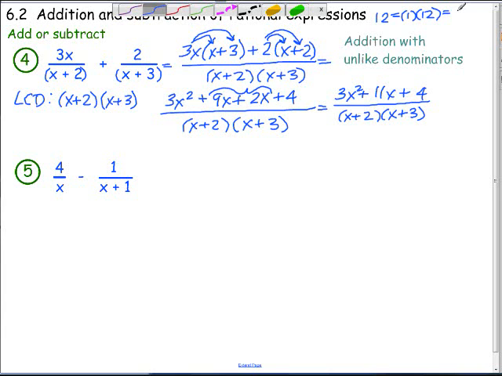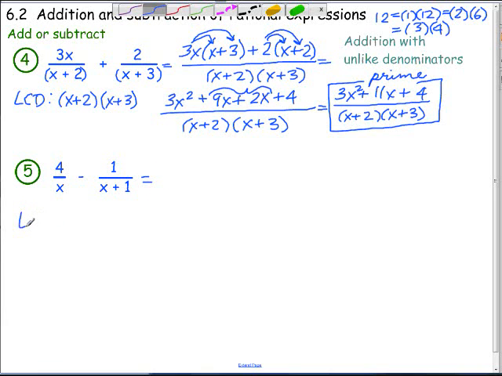I could have 2 times 6, which would give me 8. I could have 3 times 4, which would give me 7. And that's it. So what do I know about this? This is prime. It cannot be factored. That's the best we can do. There's no more simplification I can do with that one. Let's try this one.